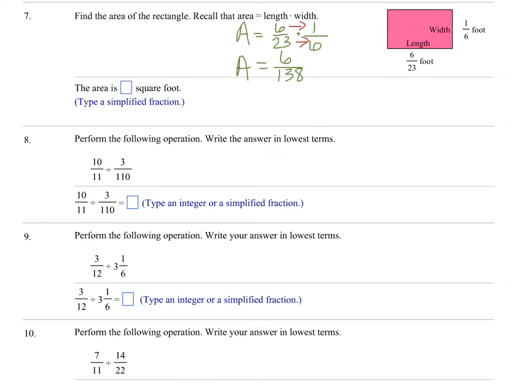Again, your calculator will simplify this for you, but the number that goes into both 6 and 138 is 6. So we can divide the numerator and denominator by 6. 6 divided by 6 is 1, and 138 divided by 6 is 23. So the area of this rectangle is 1/23 feet, or square feet.